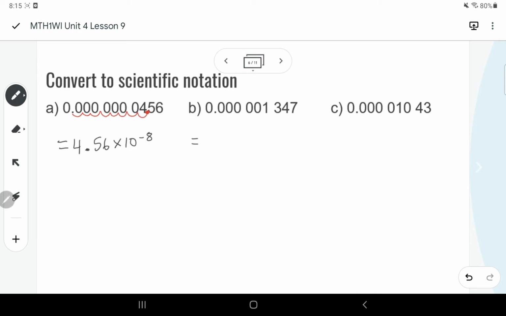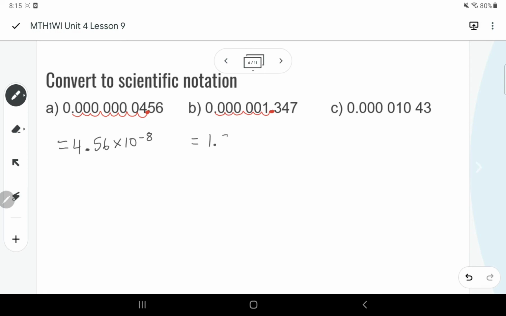Okay, so the next one, showing my steps, I'm kind of walking this decimal point back. 1, 2, 3, 4, 5, 6. As soon as I get past one of the numbers that's not a 0, I stop my decimal point. And I saw that that took 6 steps.